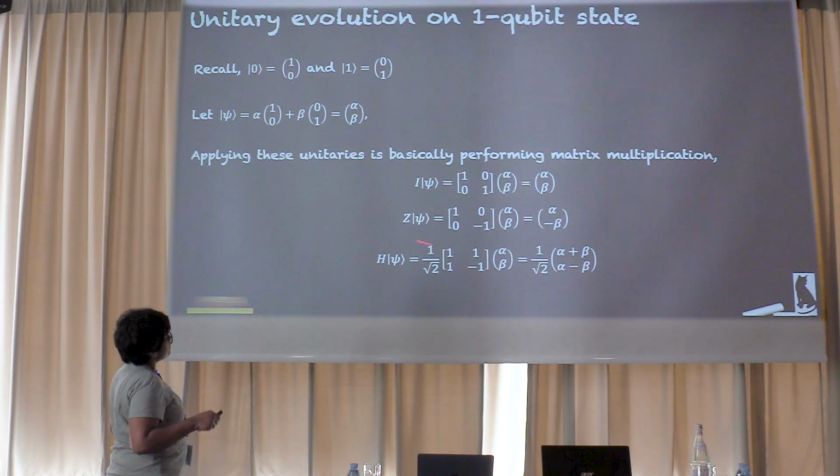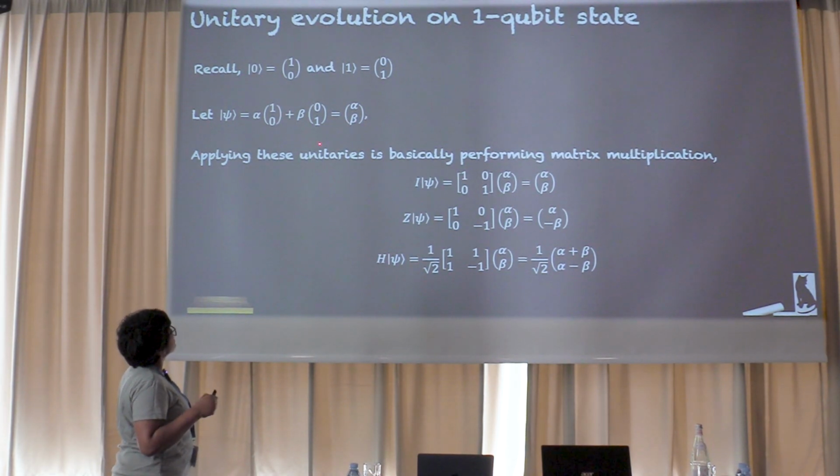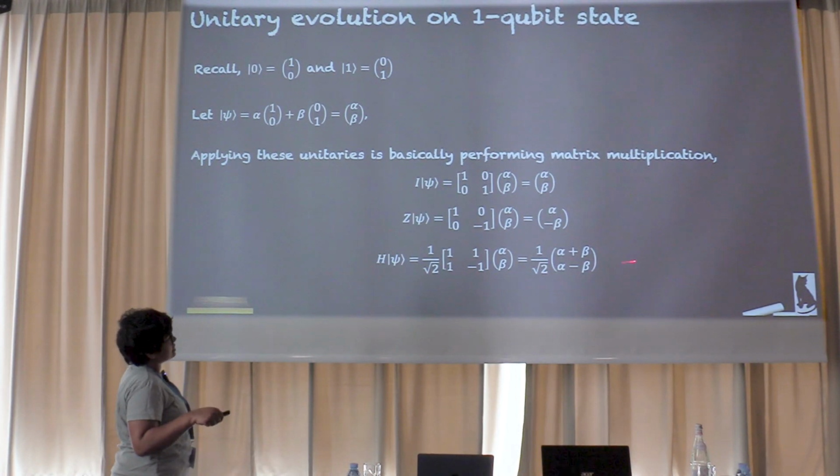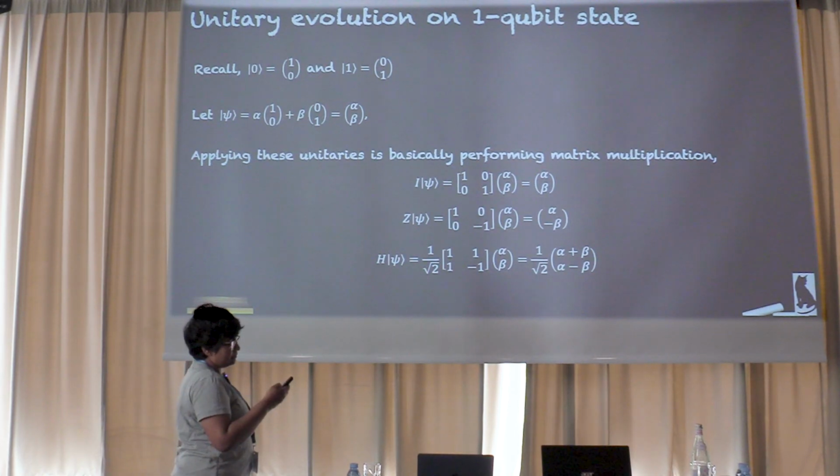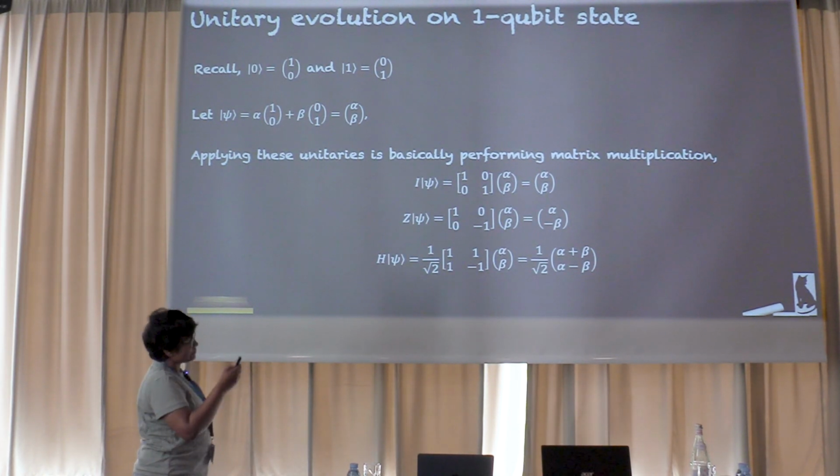H on this will add 1 and 1 with square root 2, so this becomes this. And also from beta you get that, so you get alpha plus beta. And similarly for -1, with 1 you'll get this quantity. This is easy to check, so don't worry.